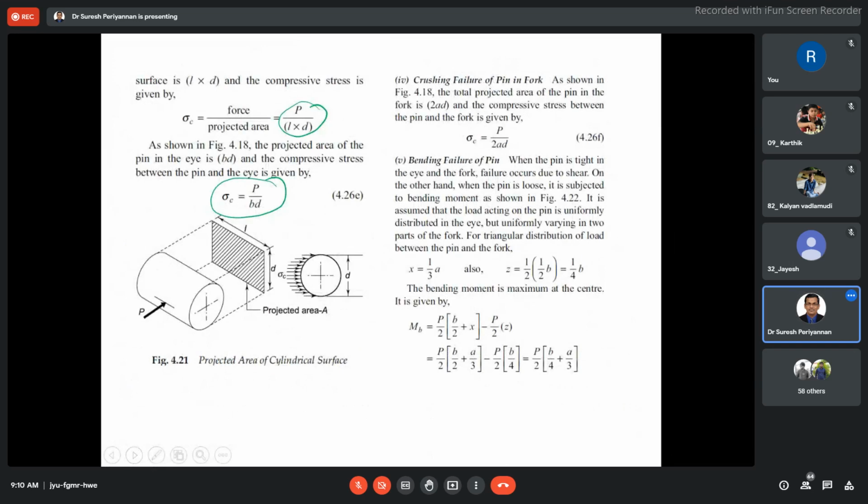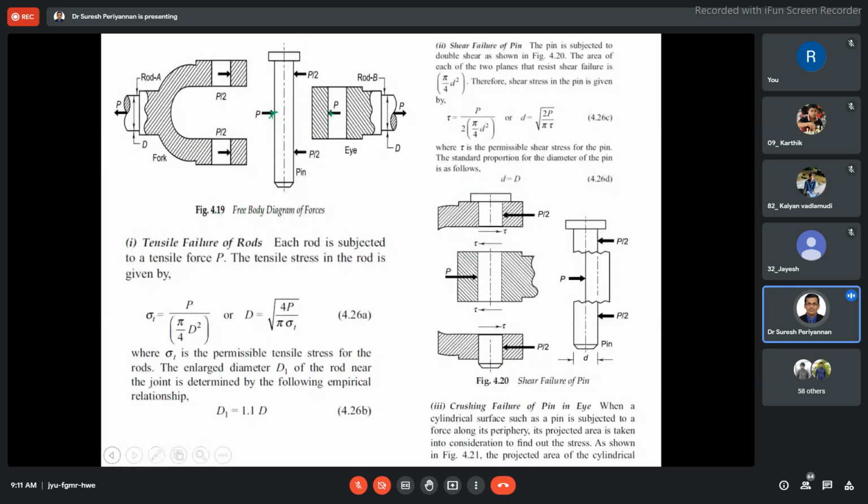Now come to the crushing failure of the pin in the fork region. Where is the fork? Fork is here. These are the two regions of the fork. What is this dimension? I think the dimension is A. Now, how many crushing regions are there? With respect to the fork, there is 2A here. This side A crushing, that side A crushing.